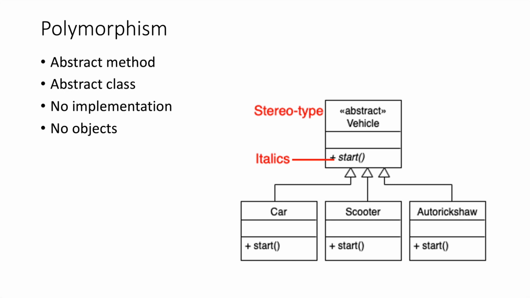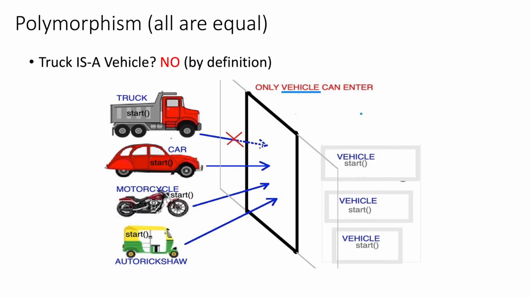So once we have made the class abstract, we will never be able to make an instance of this. And when we cannot make an instance of this, there is no question of calling the start method on an instance of this. So now vehicle is an abstract class, but vehicle is being used as a placeholder here, you will observe. It's a base class. So we are treating every vehicle inside the workshop as a vehicle.